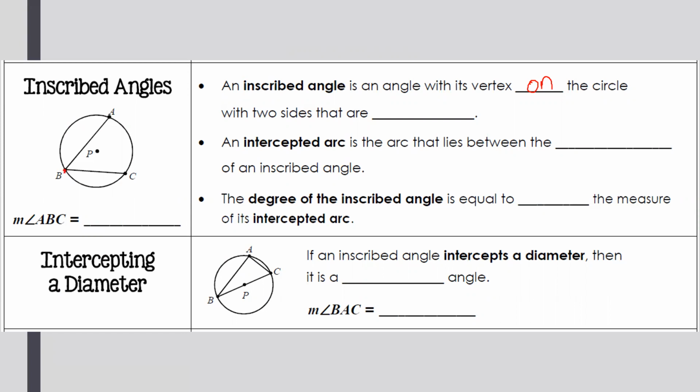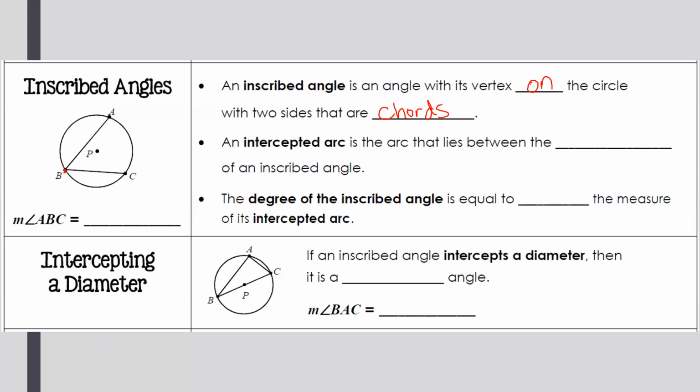So here we have angle ABC, and the vertex of that angle is B, and notice that the vertex is actually on the circle. The two sides of an inscribed angle are chords. We learned what a chord was in live class last week, but a chord is a segment whose endpoints are on the circle.